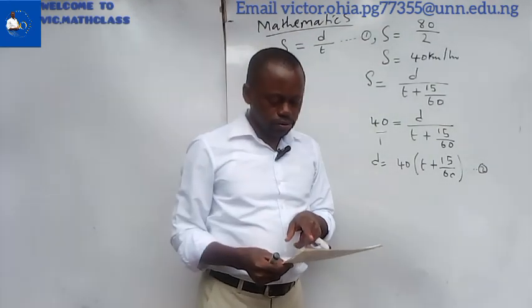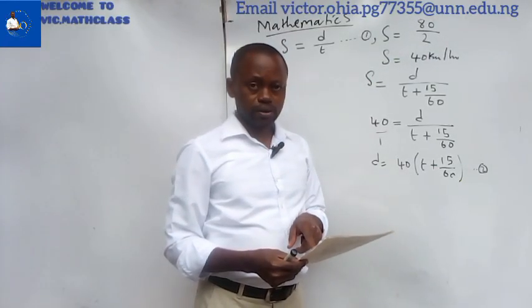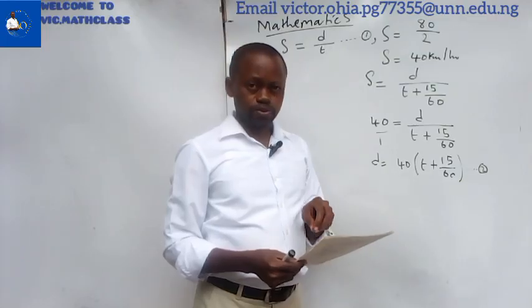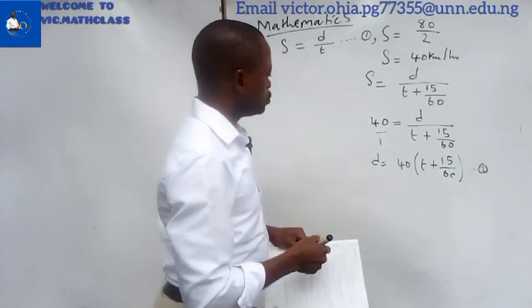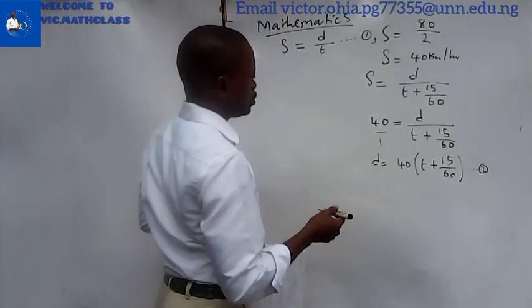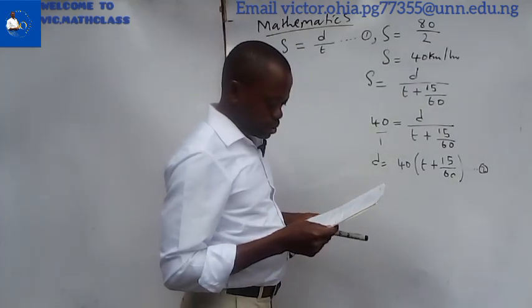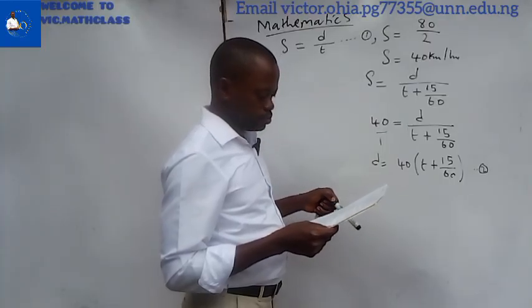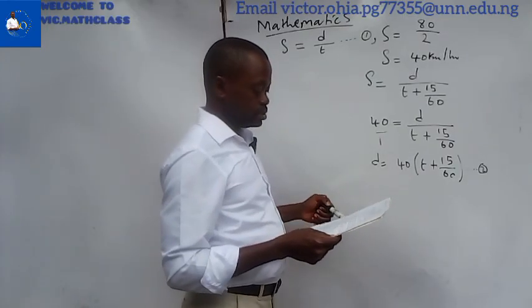Having done that, the question said he decided to increase the average speed by 10 kilometers per hour. So instead of driving at the speed of 40 kilometers per hour, he is now driving at the speed of 50 kilometers per hour because of that plus 10. They also said that if he starts driving at this increased speed, he would arrive at Banga 36 minutes earlier.